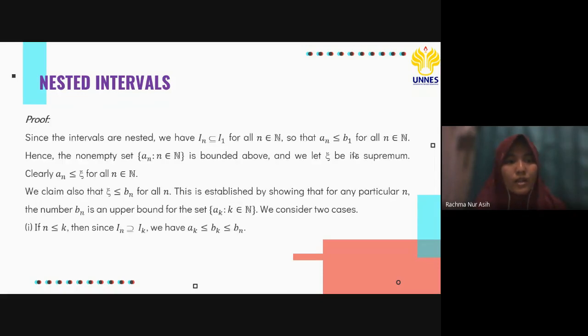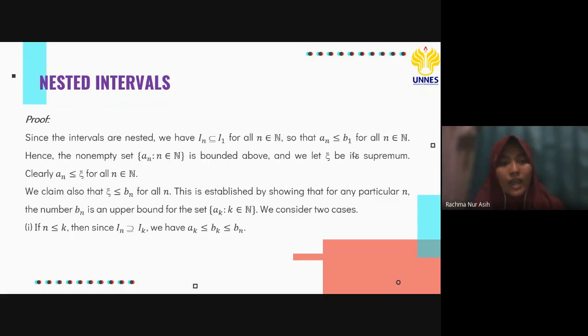For the proof, since the intervals are nested, we have In is a subset of I1 for all n in the natural numbers, so that An is less than or equal to B1 for all n. Hence, the non-empty set of An, n in the natural numbers, is bounded above, and we let C be its supremum.